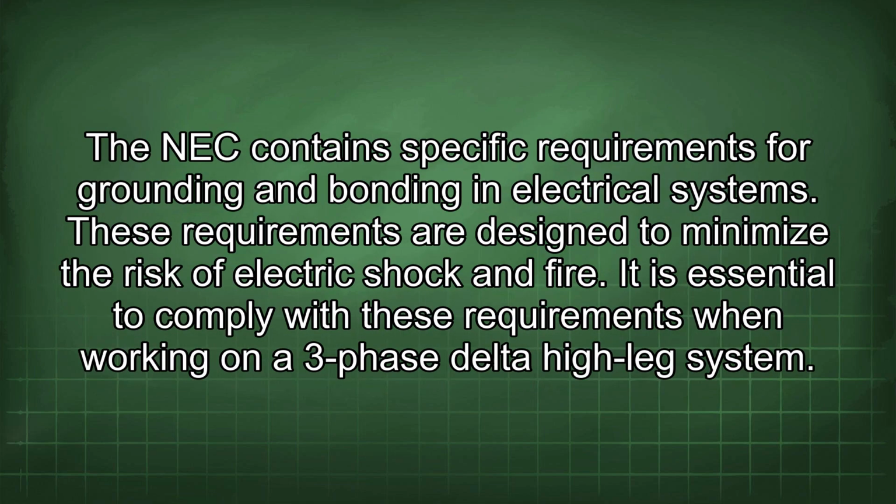The NEC contains specific requirements for grounding and bonding in electrical systems. These requirements are designed to minimize the risk of electric shock and fire. It is essential to comply with these requirements when working on a three-phase delta high leg system.